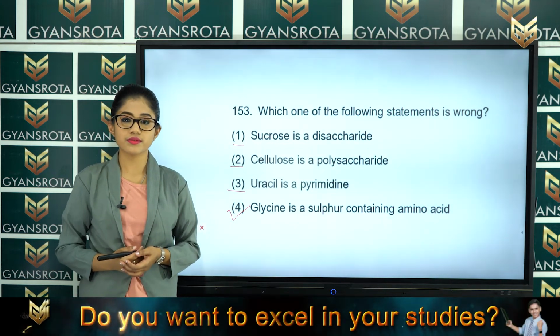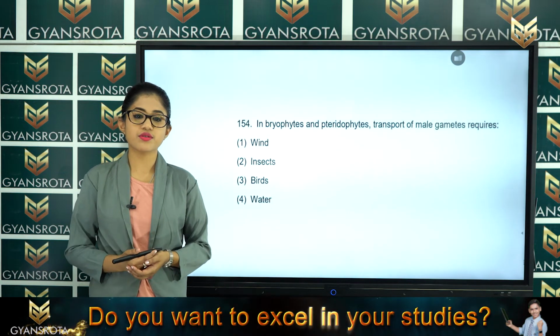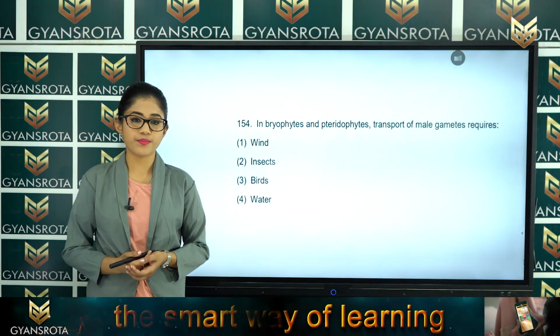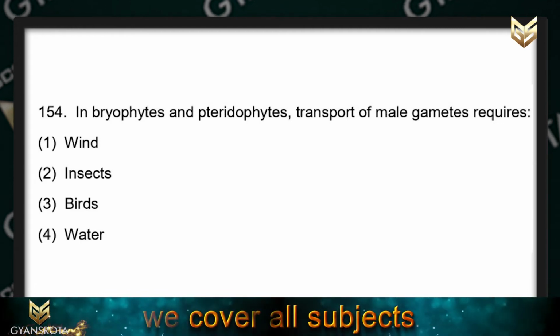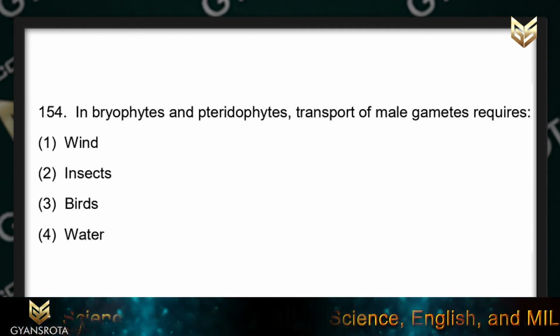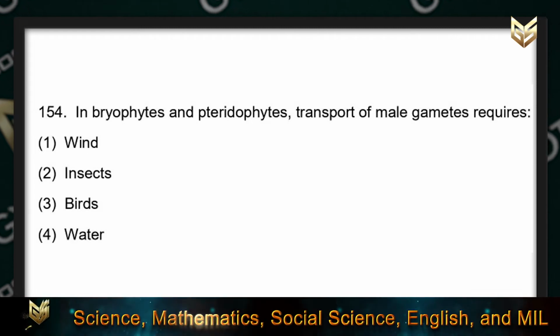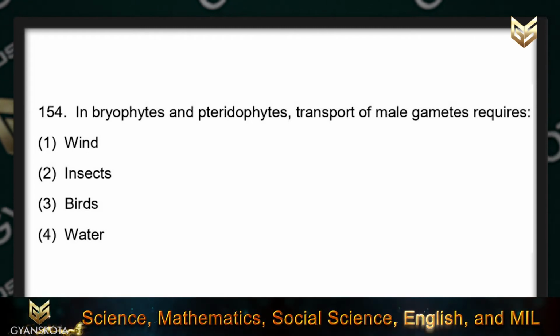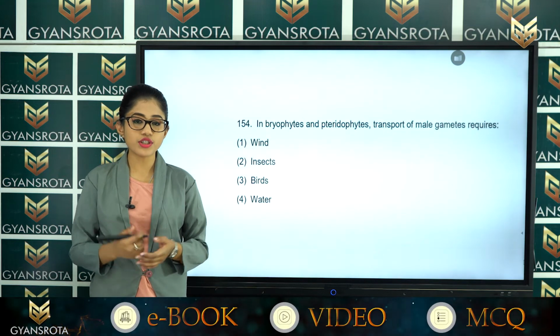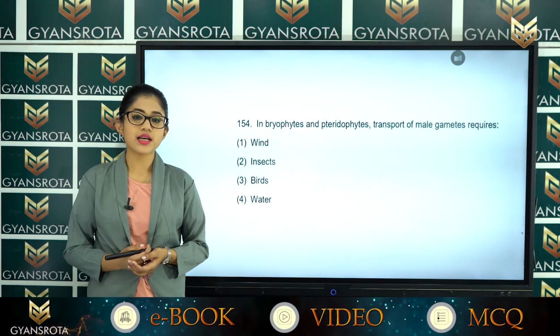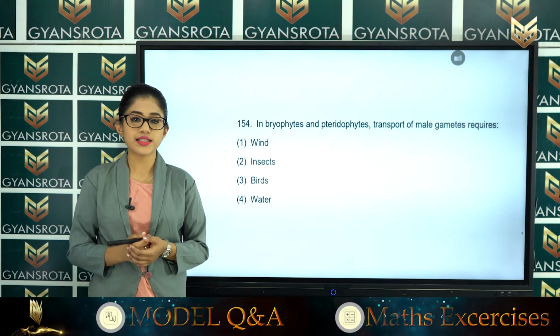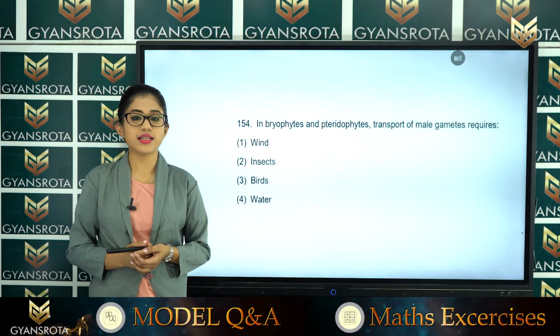Now the next question is question number 154. In bryophytes and pteridophytes, transport of male gametes requires wind, insect, birds or water. Well, this is a very easy question, and in the chapter Plant Kingdom we have discussed that bryophytes and pteridophytes require water for their fertilization.